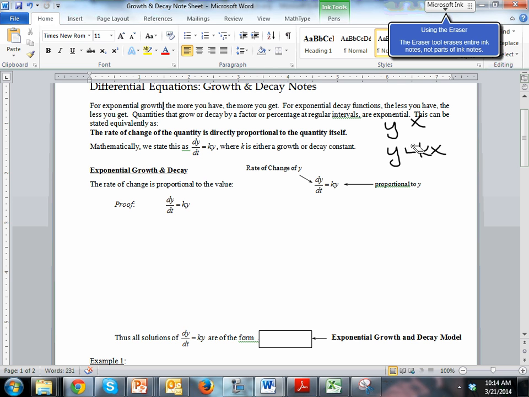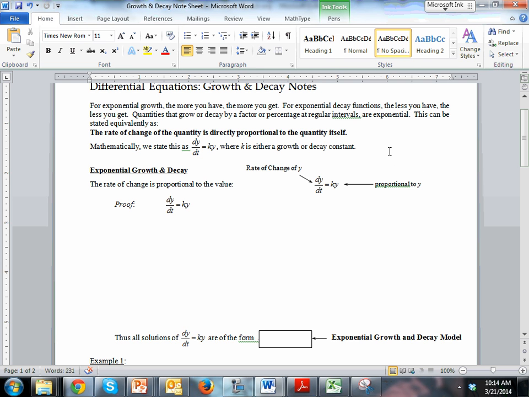So if we're saying that the rate of change is directly proportional to the quantity itself, then we're saying as our quantity changes over time, because when we're talking about growth and decay, we're talking about something growing or decaying over time. So the change in y over time, here's our growth constant, is directly proportional to the quantity itself. Okay?